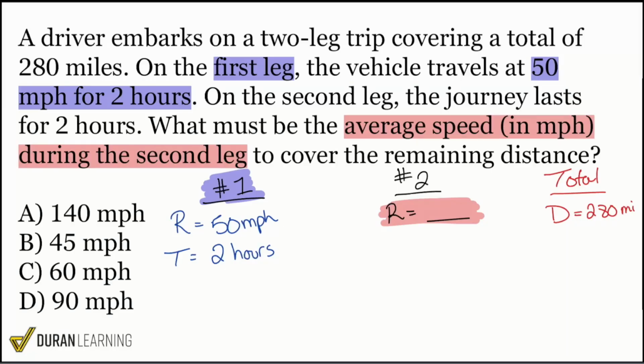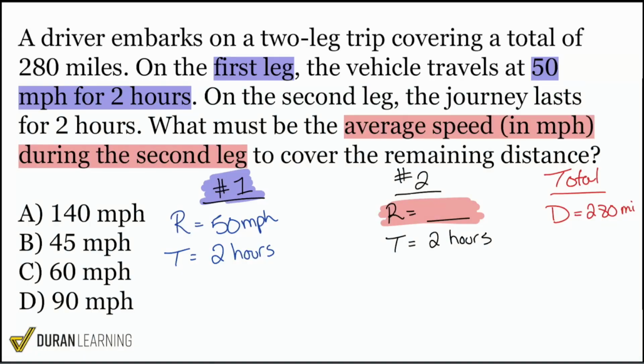All right. Next up, it says on the second leg, the journey lasts for 2 hours. Okay, great. So we know that the time for the second leg is 2 hours. All right. So here we are, everybody. We now have everything. Let's ask ourselves, what are we focusing on? The first leg, the second leg, or the total? Where's our focus, everybody?